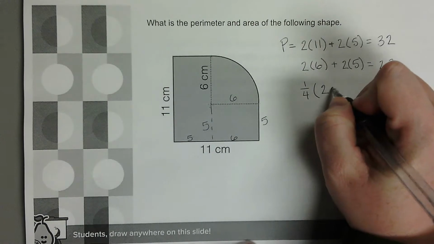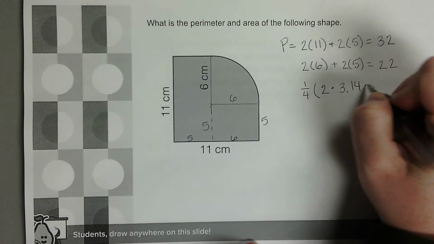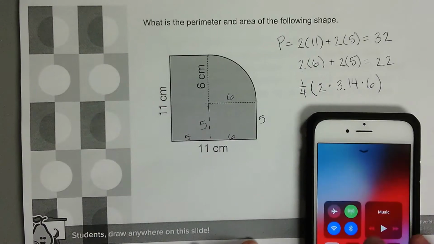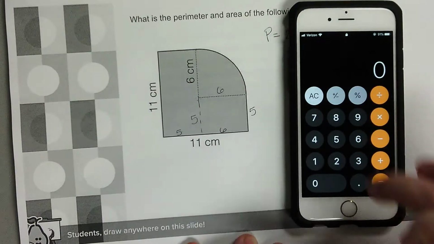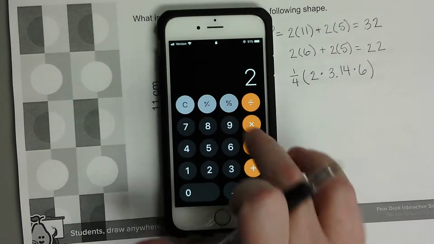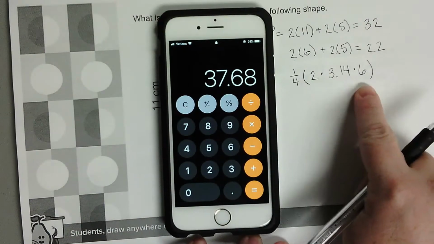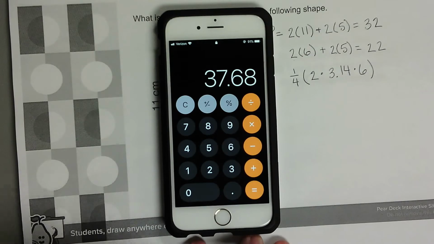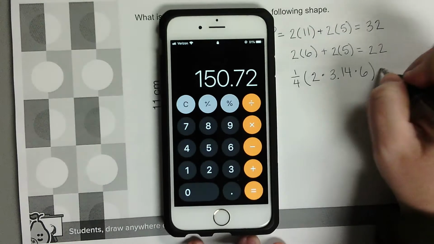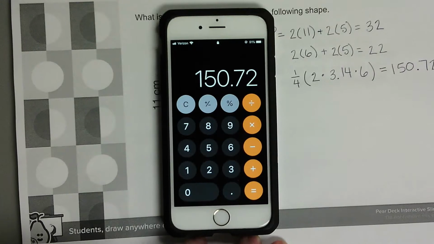So 2 times, and I'm going to write 3.14, because that's what I'm going to use, times our radius of 6. I'm going to do my parentheses first. So 2 times 3.14 times 6. So inside is equal to 37.68. Multiplying by 1/4 is the same as dividing by 25/100. So we get 150.72.